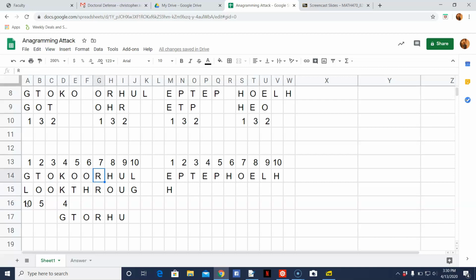All right. 7 remains the same. 8 goes to 6. 9 remains constant. All right. And 10 goes to 1. Okay. Now, I'm going to take that and I'm going to see what happens.